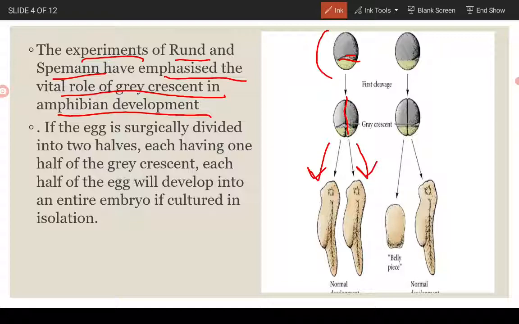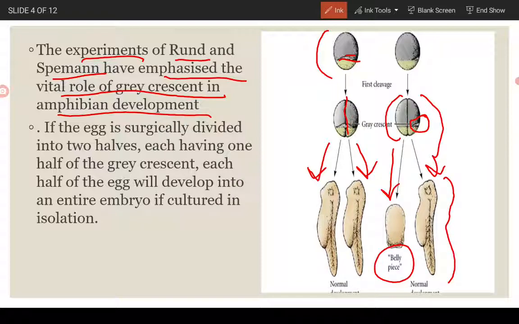But if the gray crescent is found only on one side of the cleavage, the part with no gray crescent would not be able to form the dorsal side of the embryo. Only a belly piece of undifferentiated cells will be formed, while the part with the gray crescent will form a normal functioning tadpole.